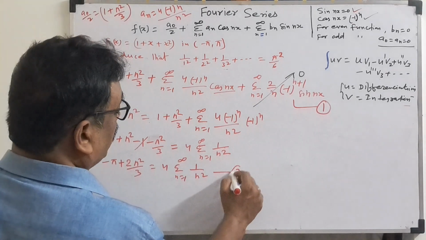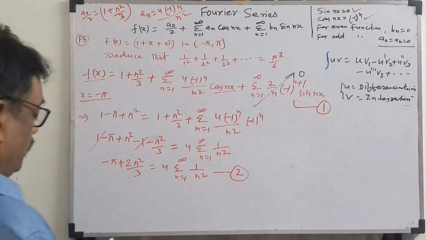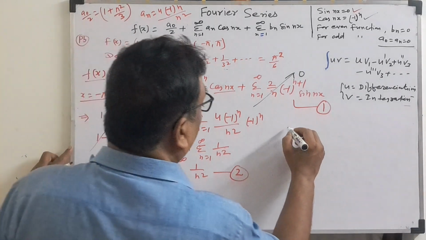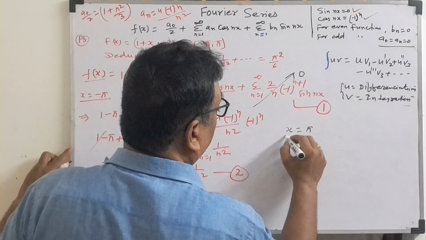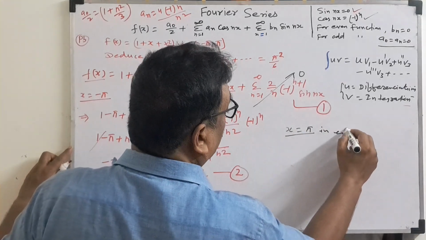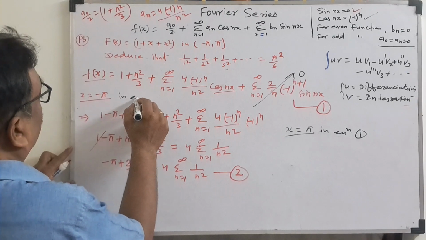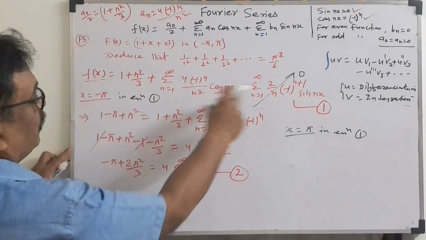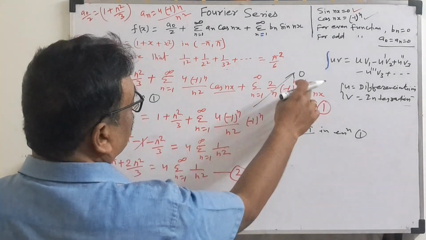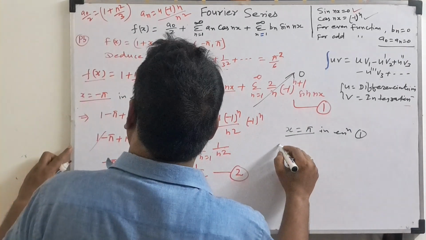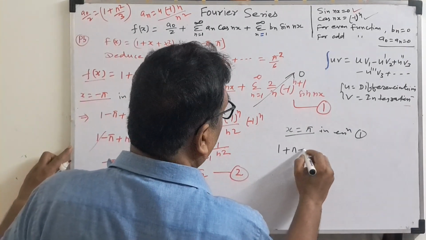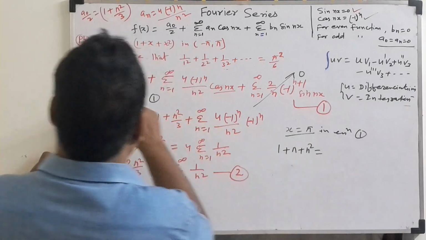Give equation number 2. Now substitute x equal to pi in equation 1. Here, substitute x equal to pi in equation 1. This term is not there, so again pi only, 1 plus pi square, that is f(x).